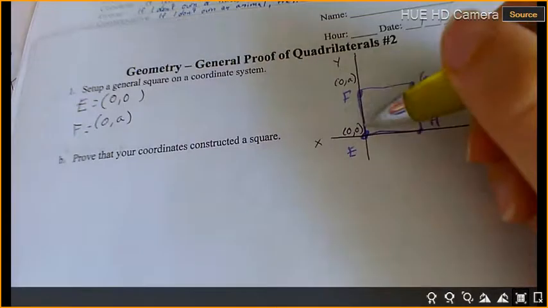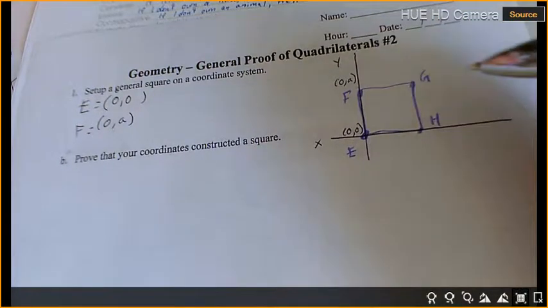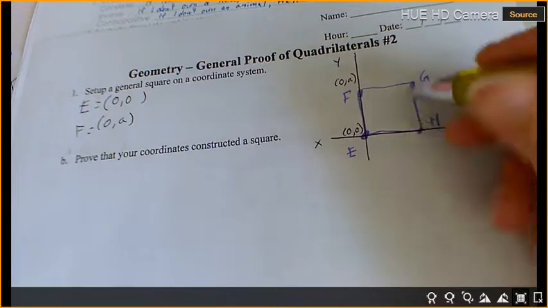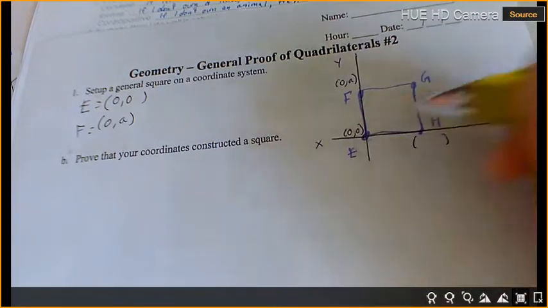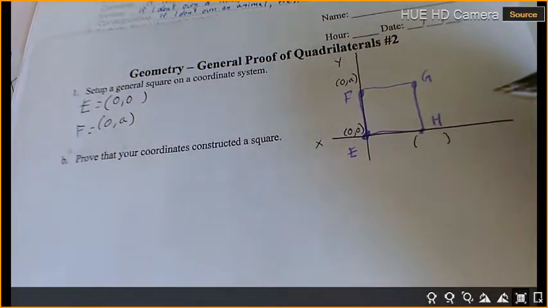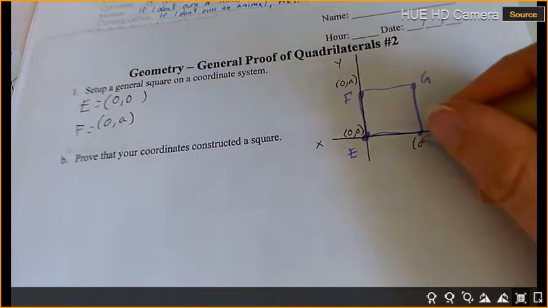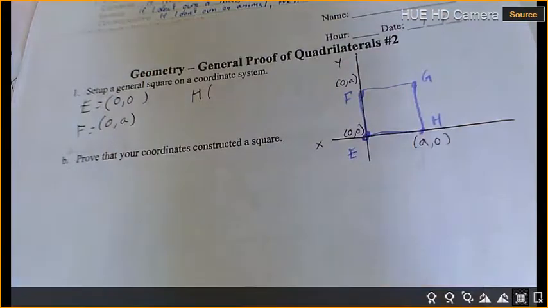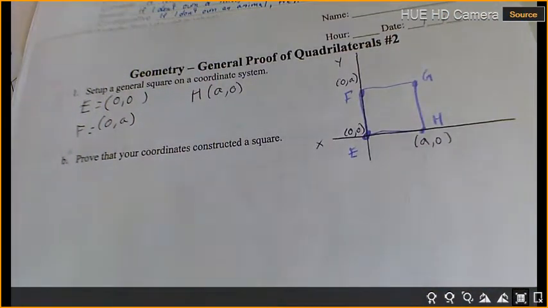So if F is 0, A, then H has to be A, 0. Not 0, 0, because 0, 0 is E. So you don't want to put F, because then H is F, 0. You want a different letter.